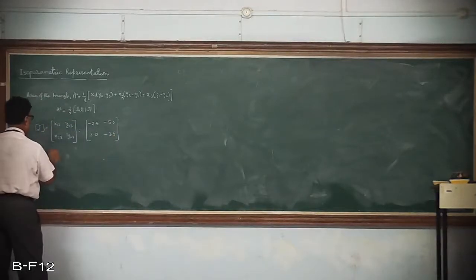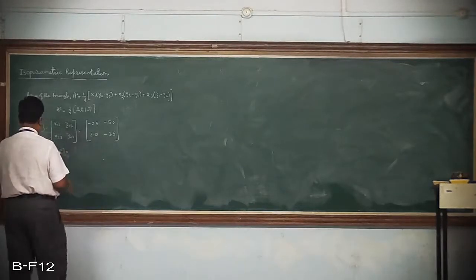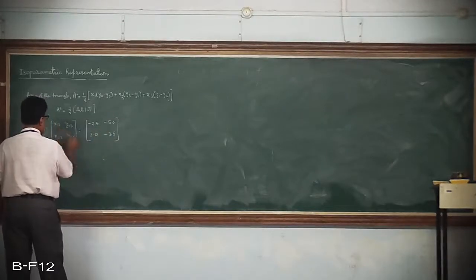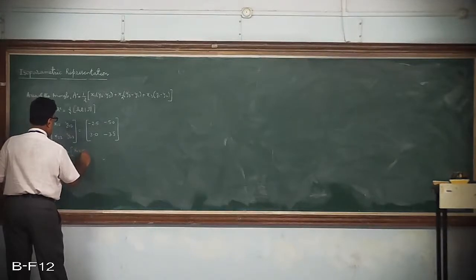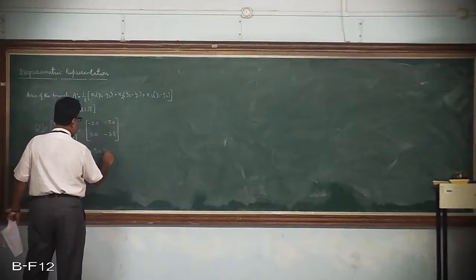And what is the determinant of J? Let us make use of that. That is x13 y23 minus x23 y13.